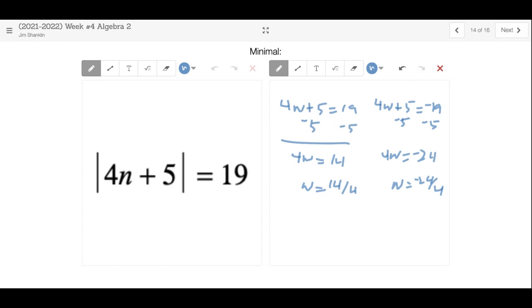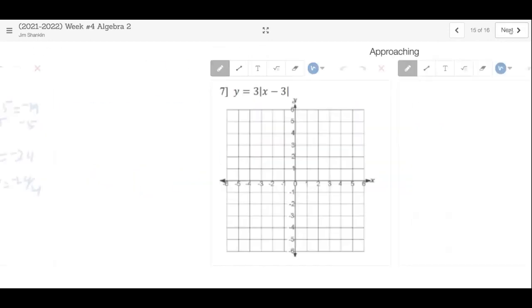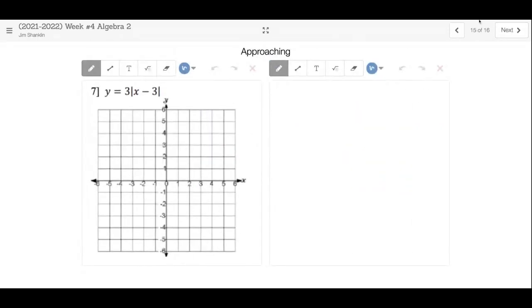Okay, that's how problem number one is. Guess what problem number two is going to be this week? Just take a wild guess. Graphing. You are absolutely correct. You guys could be the teacher of this class. There it is. Graphing. Not multiple choice.